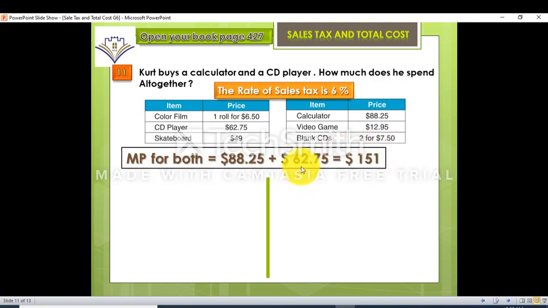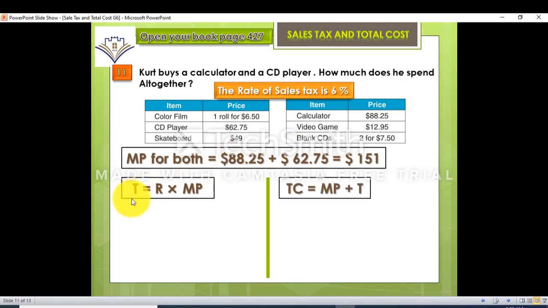Then the market price for both equals $151. Looking at the second point, we calculate the sales tax for both, not only one item, but for both items.